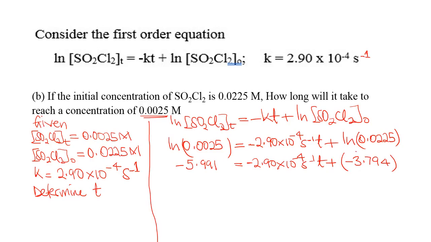So when this minus goes to this side, it becomes plus. So this becomes minus 5.991 plus 3.794 is equal to minus 2.90 times 10 to the power negative 4 times t.